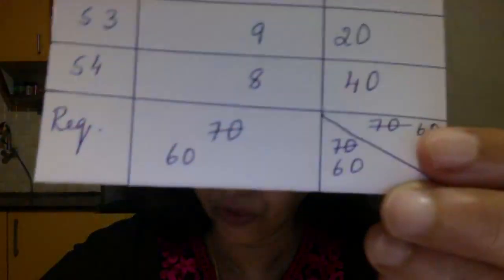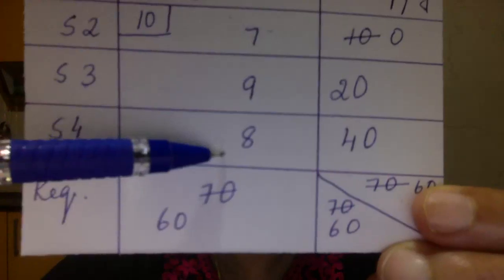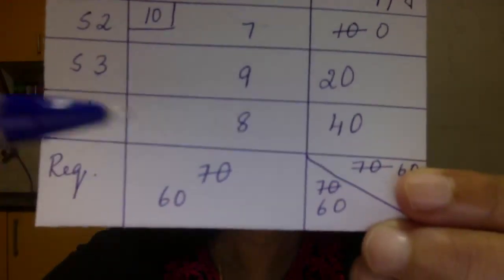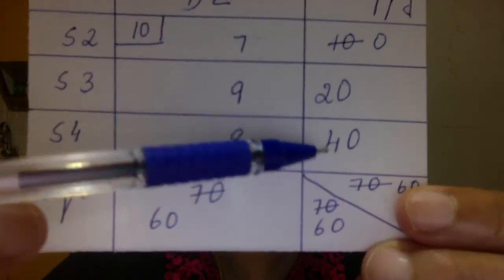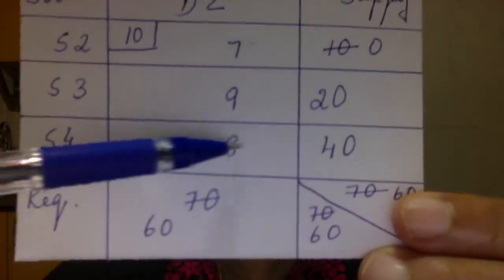Now, if you can see, the next thing we have to do is, the next least is 8. So I'm going to give this 40 to 8, 4 steps again.